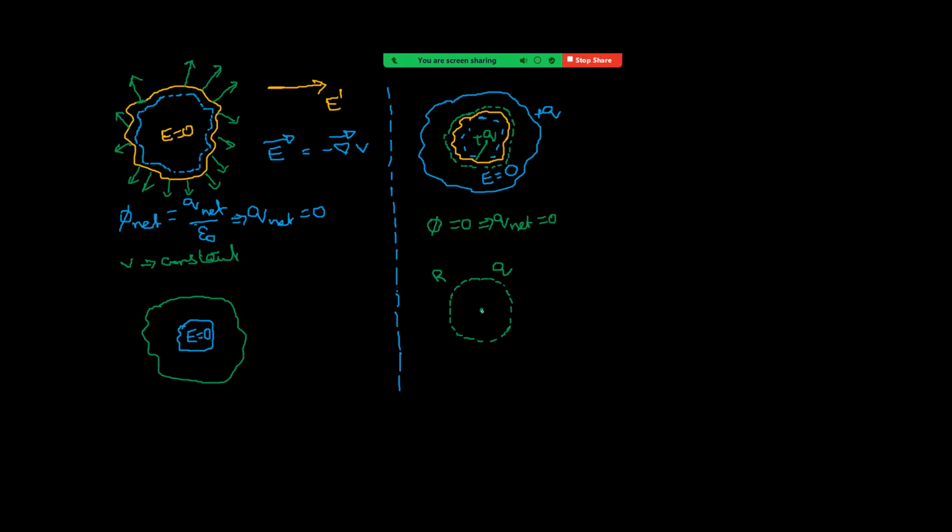Now we are placing a charge, suppose capital Q, at some distance r from the center of the shell. Now see what happens. When this charge was not there, the distribution of charge on the surface of the shell was uniform.